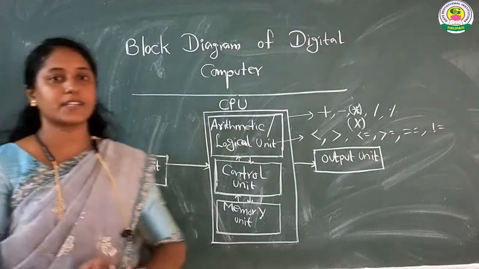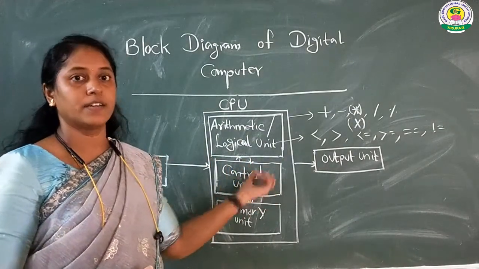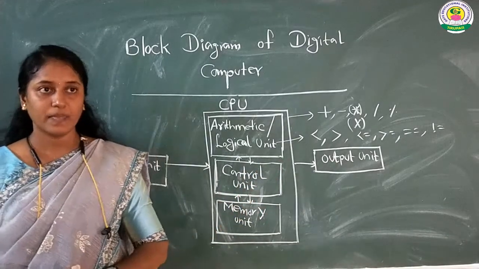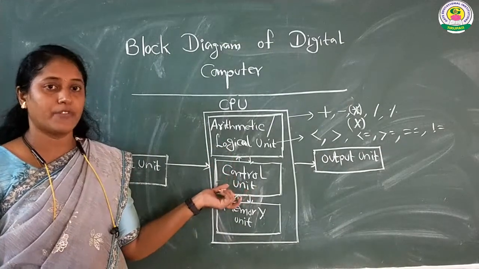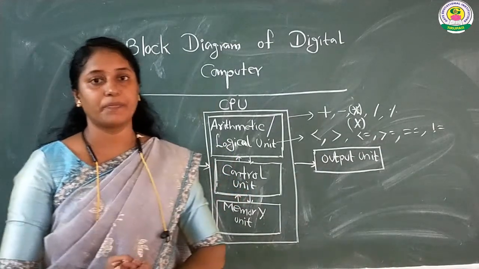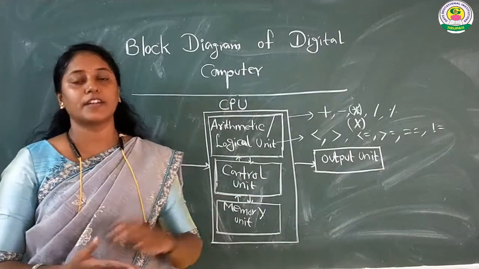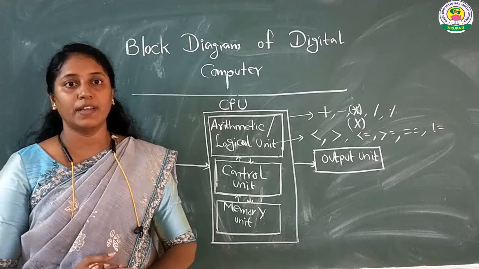Before discussing the different components connected to a computer, let me take a small example. I am comparing this block diagram of a computer with the human body. What are the different organs connected to the human body?